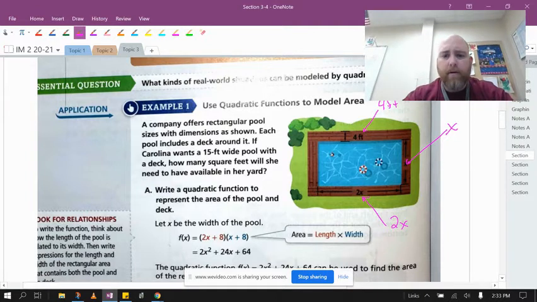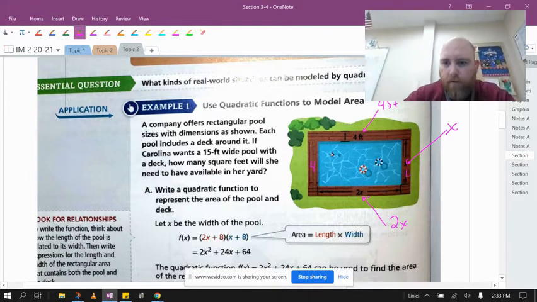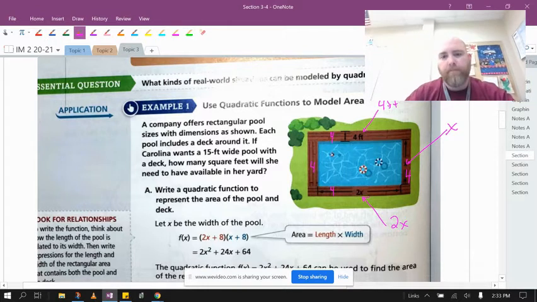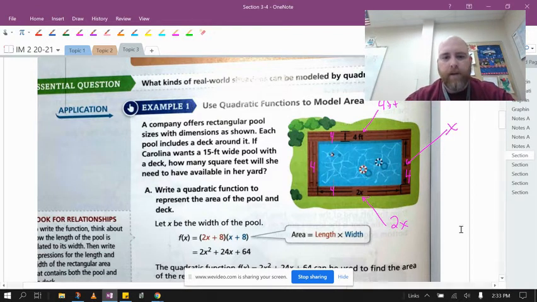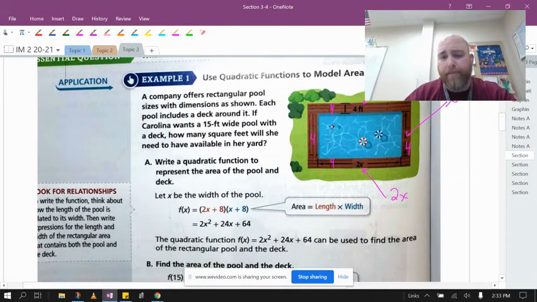So this border, this deck, is 4 feet all around. So 4 here, 4 here, 4 here, 4 here. So we have those extra measurements. Write a quadratic function to represent the area of the pool and the deck. So we want the whole rectangle, including the deck.